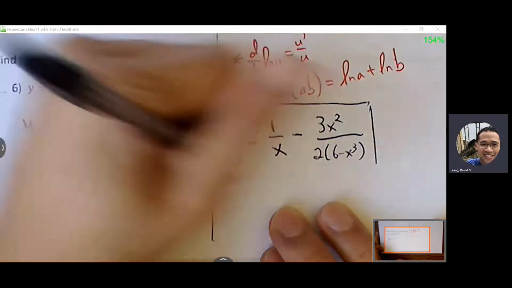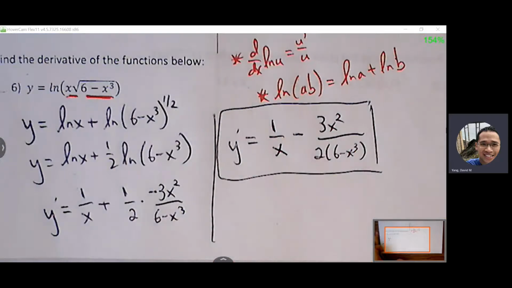Okay, I'm not going to ask you to find common denominator. That is sufficient. Okay, questions so far? Okay, let's go to the back and explore some other types of problems.